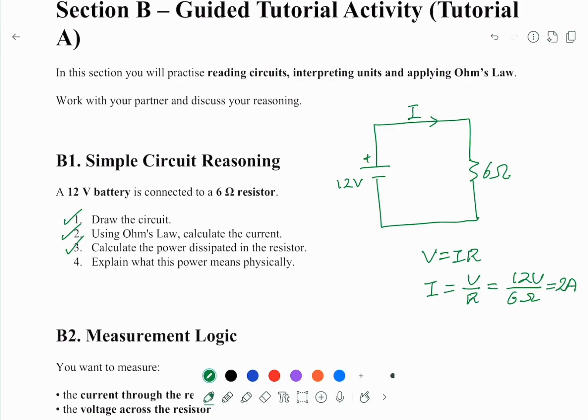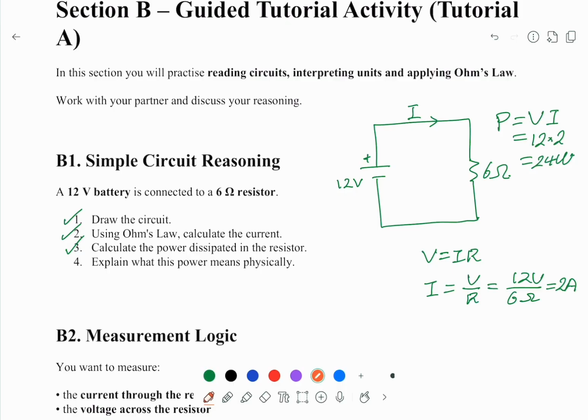Number 3: calculate the power dissipated in the resistor. You can calculate the power by 2 different approaches. First, we can say P equals VI. The voltage across the resistor is 12 volt in this case, so 12 times 2, and this is 24 watt.